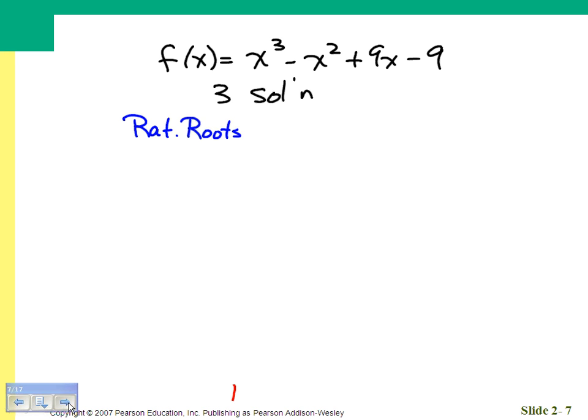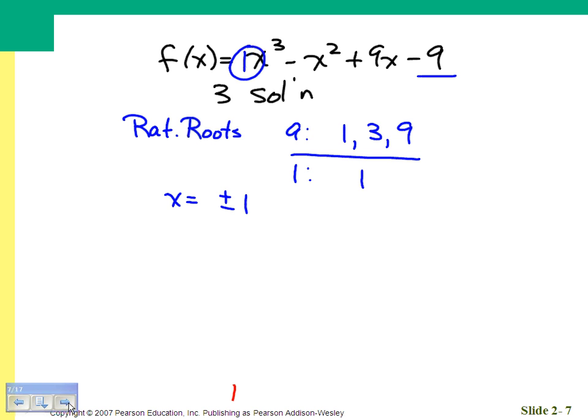The rational roots theorem says, take the constant term, 9, and find all the factors of 9. 1, 3, 9. Find the leading term's coefficient, which is 1, and find all the factors of 1. 1, that's easy enough. The possible rational roots are x equals plus or minus 1, 1 over 1, plus or minus 3, 3 over 1, or plus or minus 9, 9 over 1.